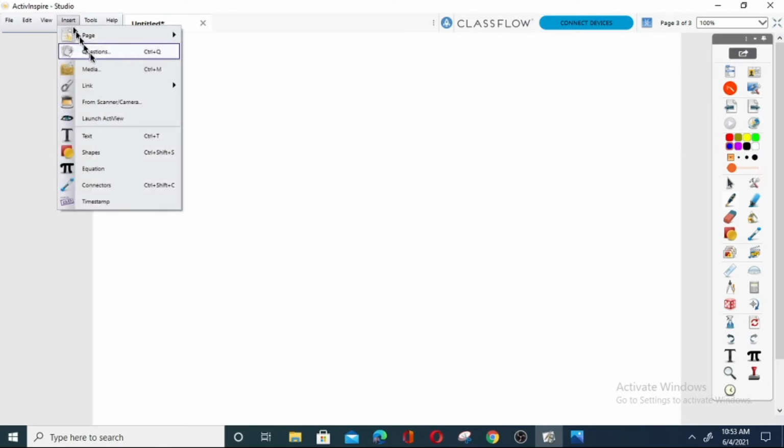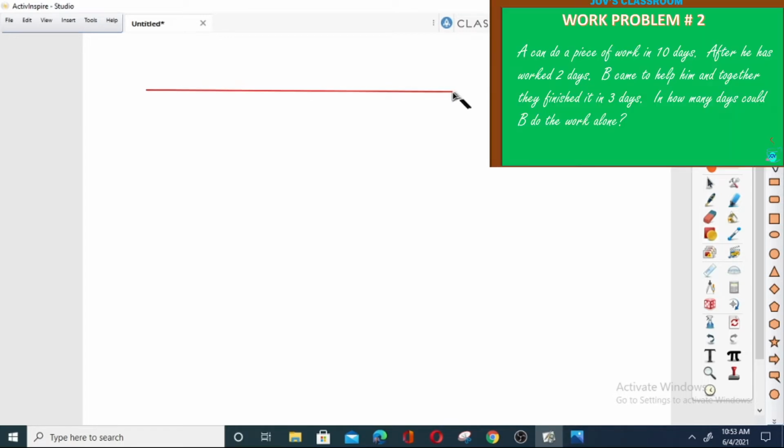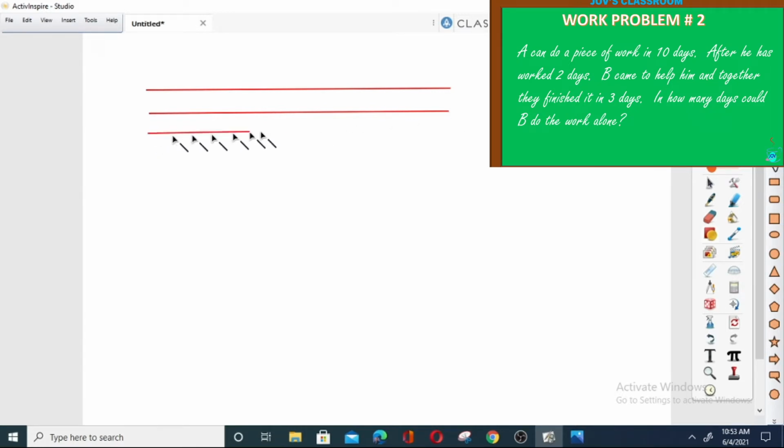Again, let us draw 3 rows. This column is for the name. This is for the rate.